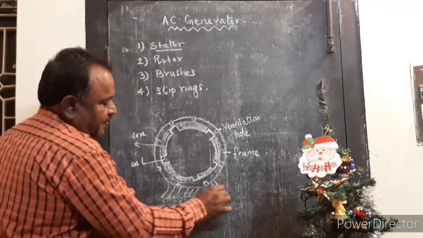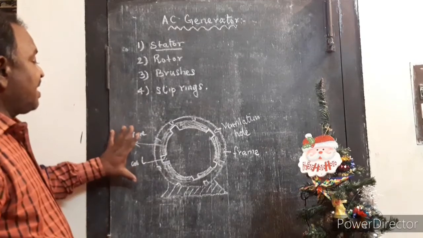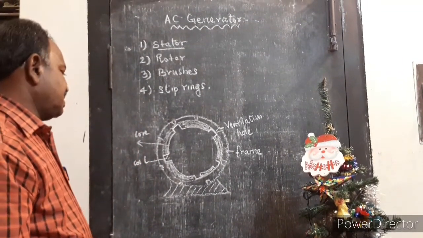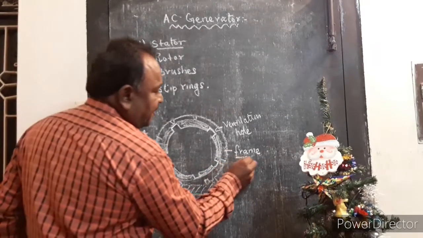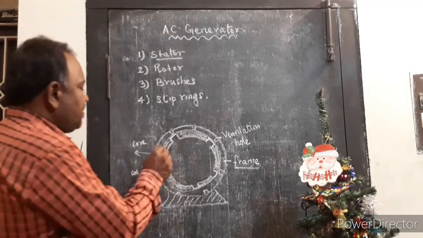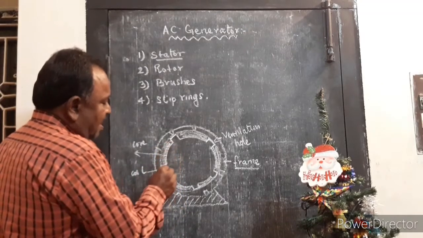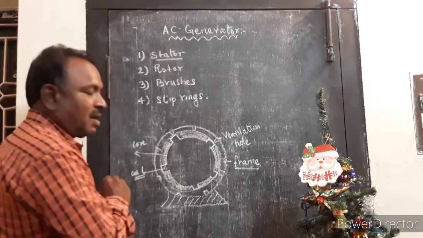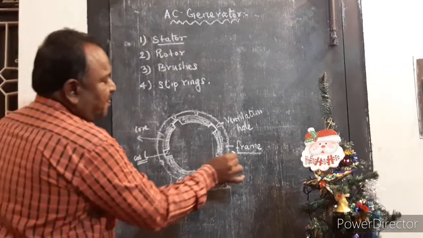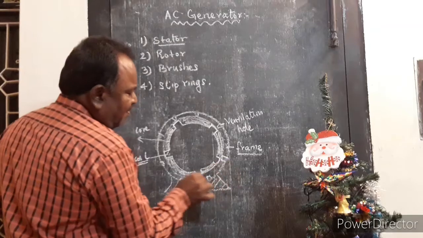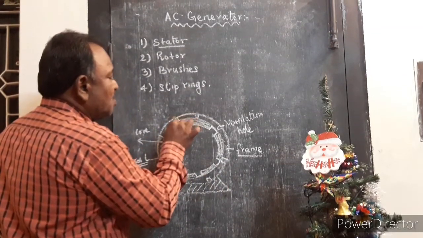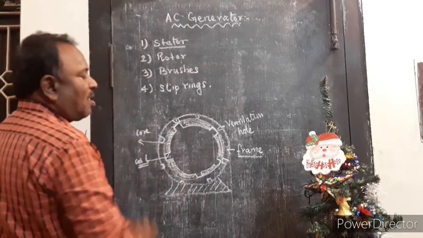This is the construction of a stator. The stator has four main parts. One is the frame. The function of the frame is to keep the core and the armature winding coil in a proper position. In this frame there are a large number of ventilation holes in order to provide good ventilation for the armature coil.